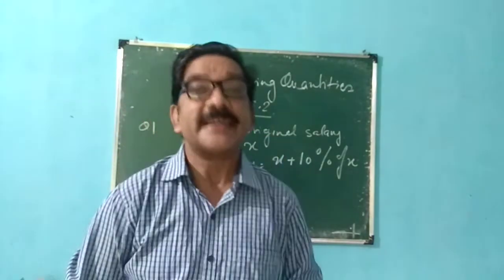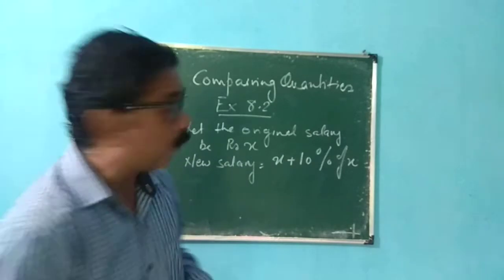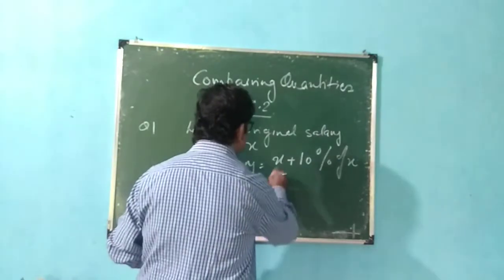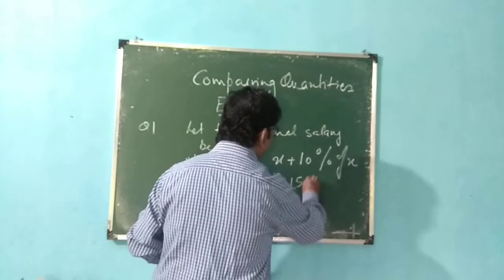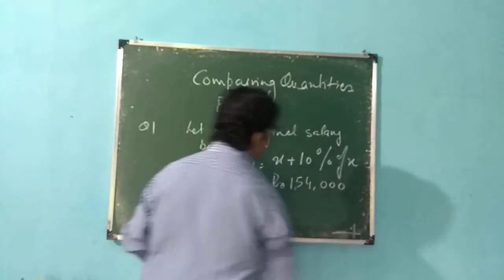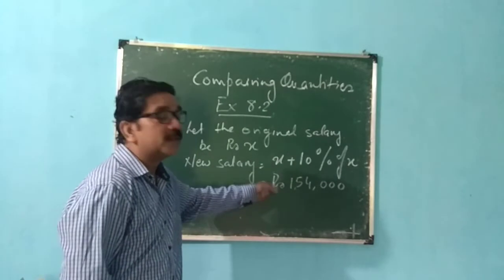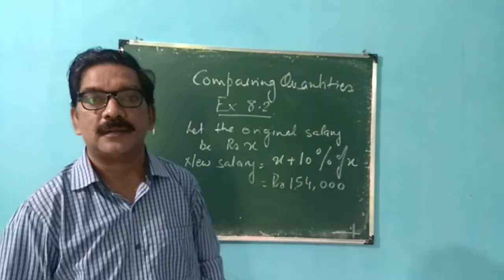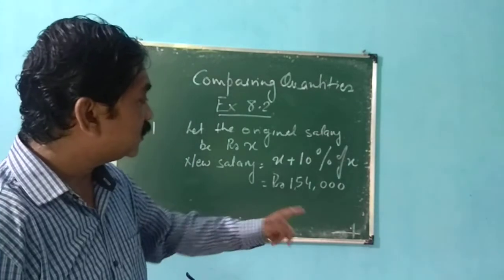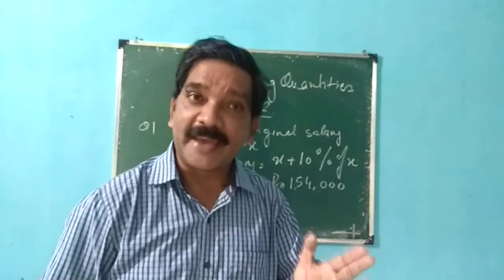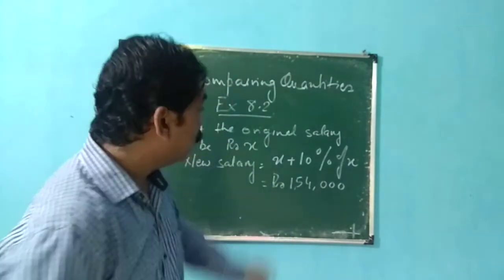So after the increment, what was the salary? The salary was 1,54,000, which is equal to rupees 1,54,000. That means these two figures are equal. One is in terms of 1,54,000, the other one is in terms of X, in terms of variables, or you can say in terms of percentage. Both are equal.